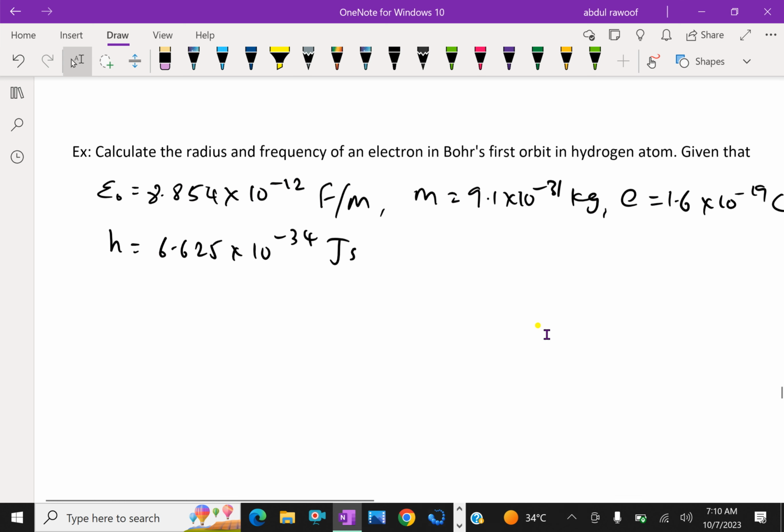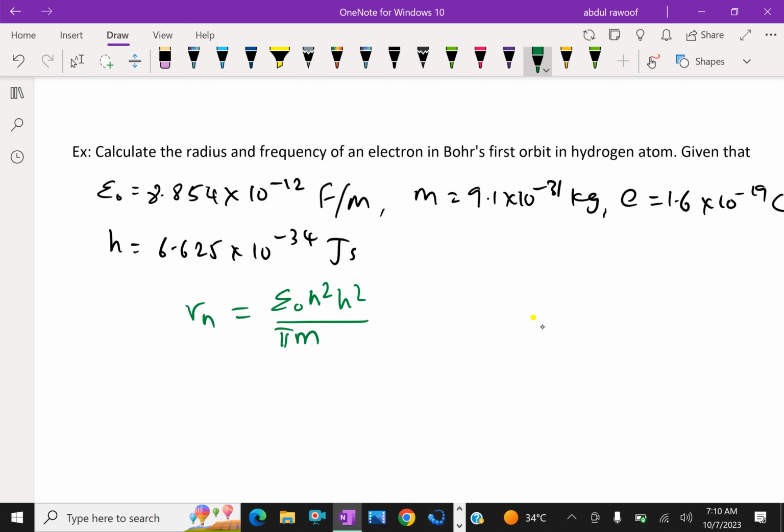Now, here the radius of the nth orbit is given for hydrogen atom, r n equals epsilon 0 n square h square over pi m z square e square.